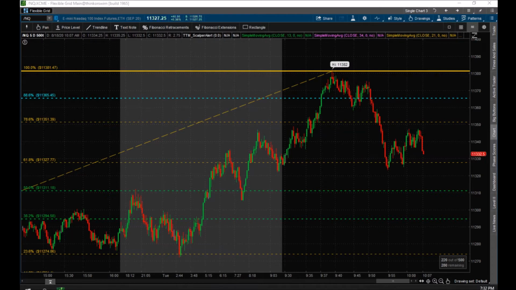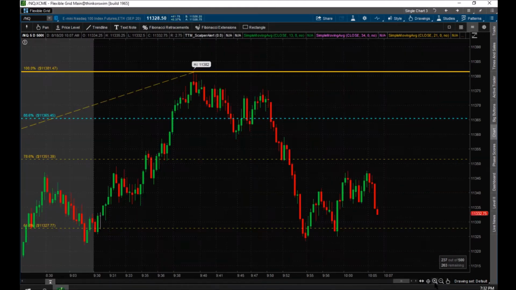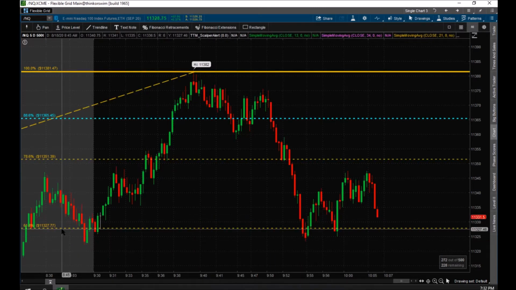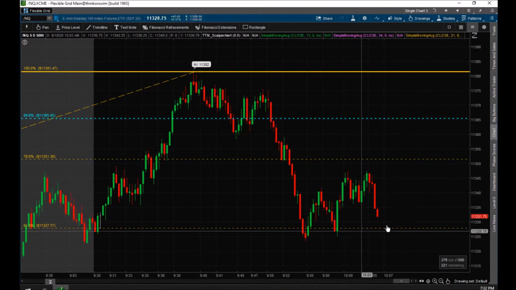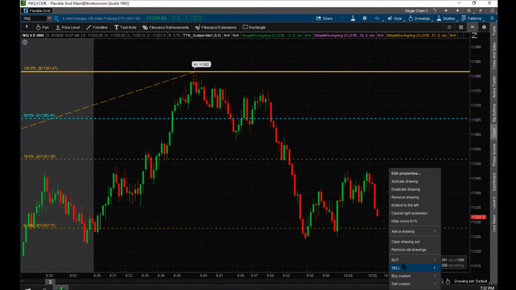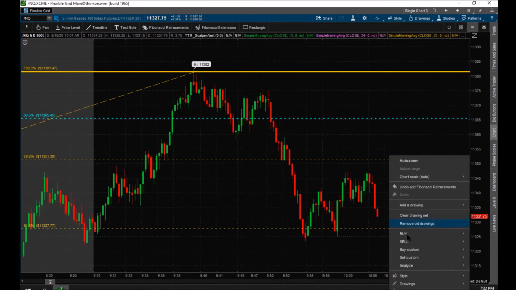But that's basically how I find my entries. I just find supports and resistance. Now with my hectic schedule, you could add alerts here. I don't think you get alerts on demand.